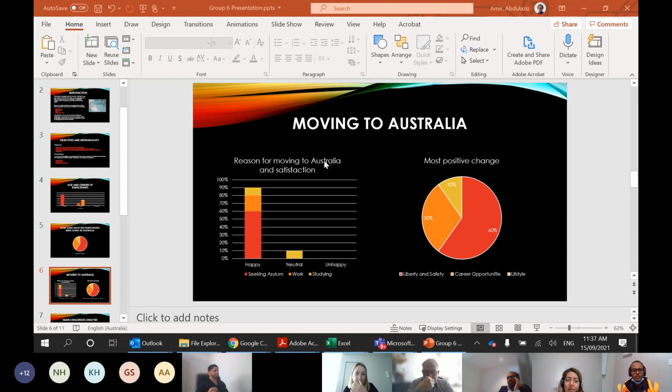Basically, we were trying to combine 2 or 3 questions in one chart, to minimize having a lot of mini charts for each question. We thought it's better, and we're just trying to explain that to you through the graph that you are seeing right now on the slide.